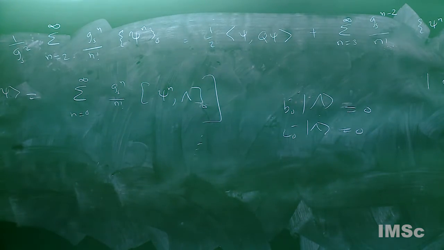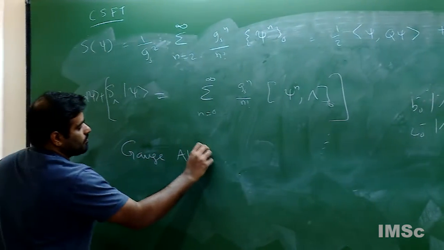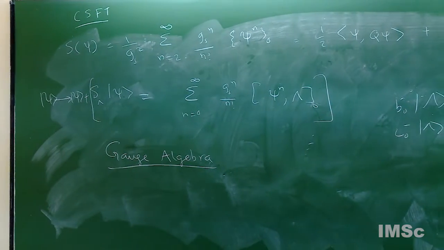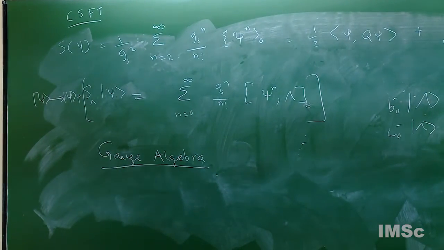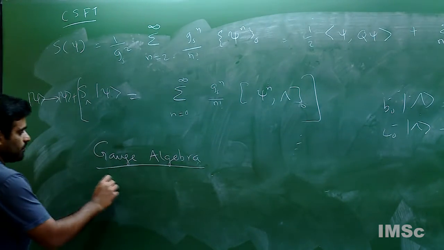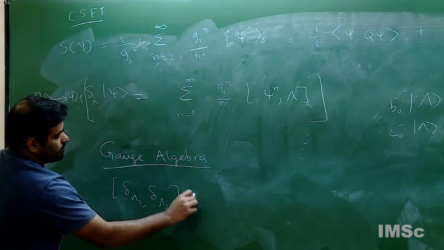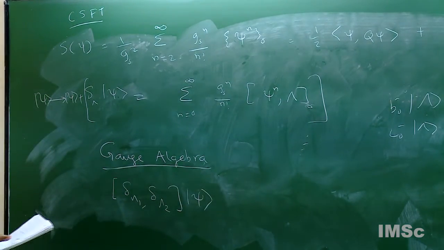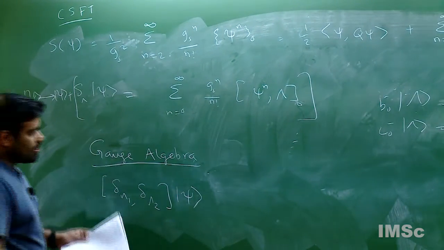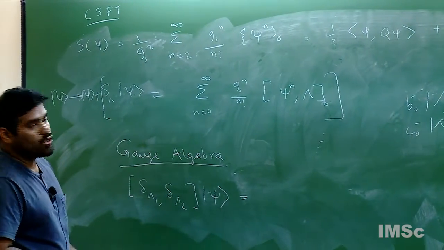Now we would like to understand what is a gauge algebra. So for that, what we should do is we should consider two gauge transformations and then find the commutator. So you can evaluate this and then see that it has two pieces.